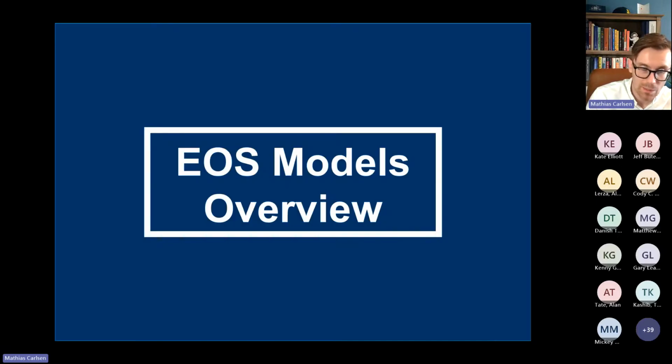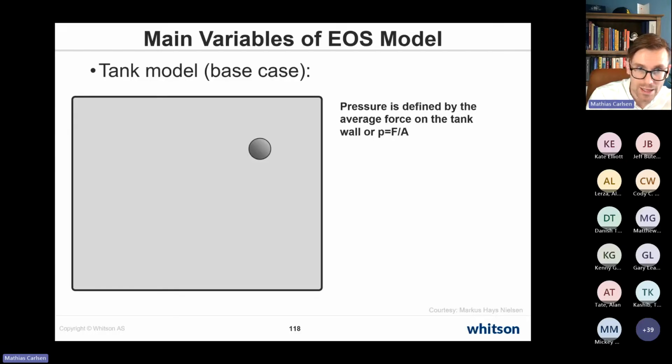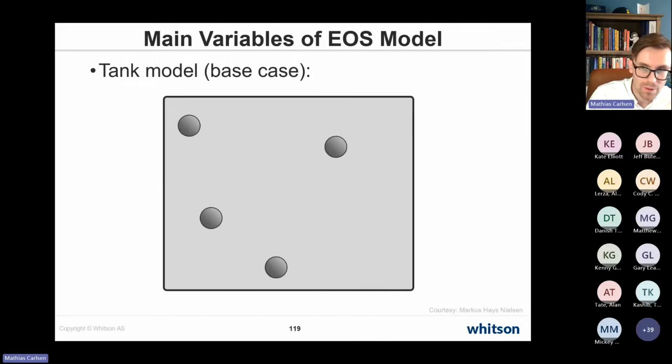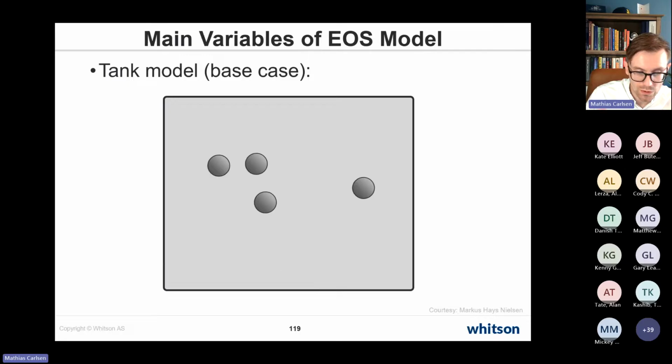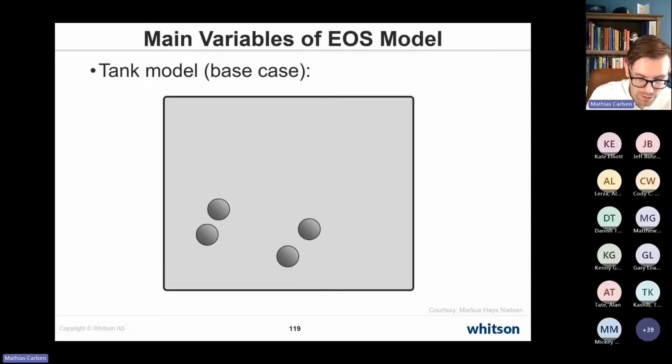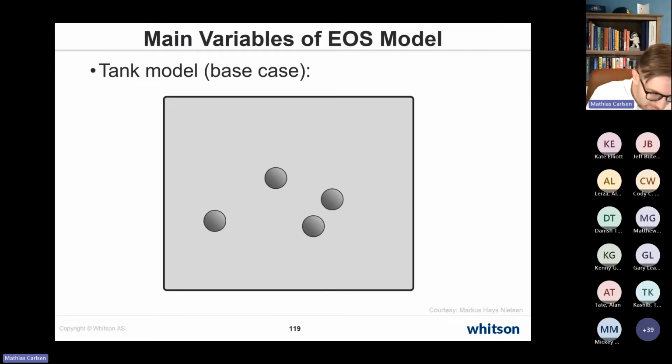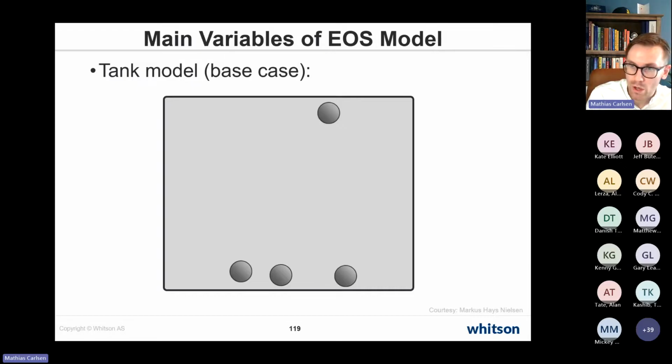An equation of state model, we introduced that earlier. If you want to understand what it is, we can go back to the fundamentals. Think about a tank model where a particle exerts a force on the tank wall, and you take that force and divide it by area; that's the definition of pressure. If you have a bunch of these molecules flowing around in the tank, there will be a base pressure on the tank.